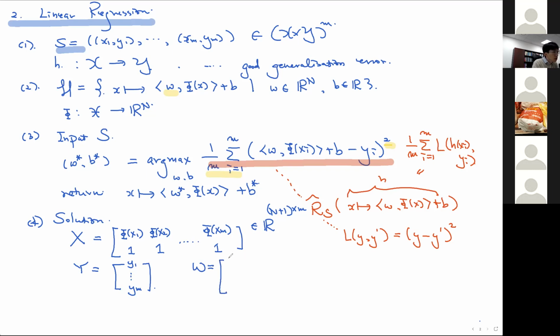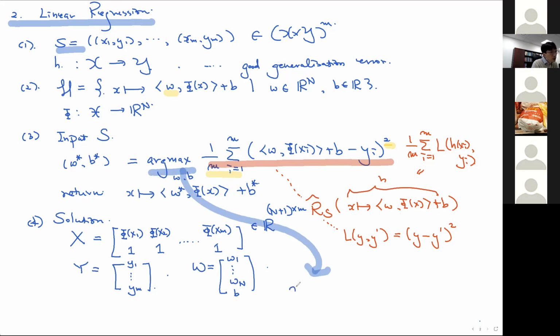This column vector has W1 up to Wn, but there's one extra thing, which is b here. So once you write it like this, now we can write this optimization objective as follows.